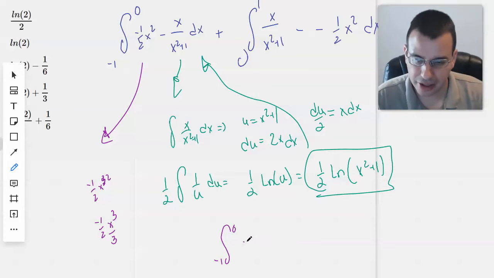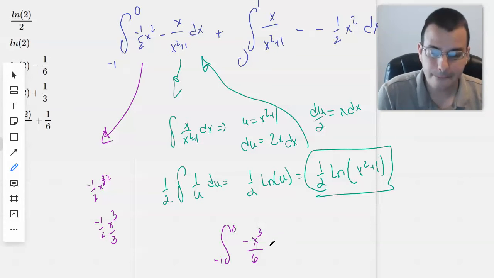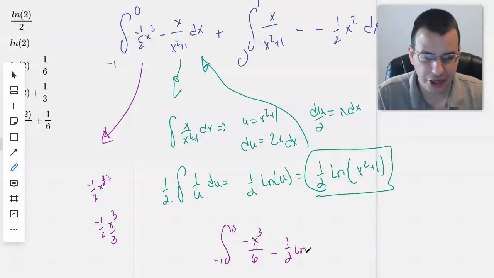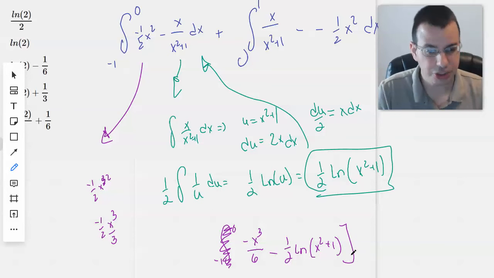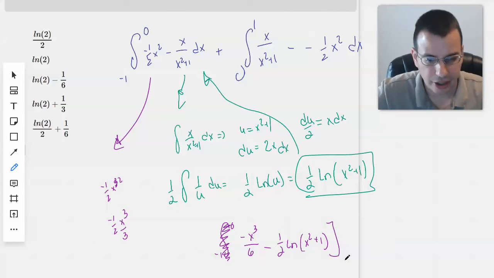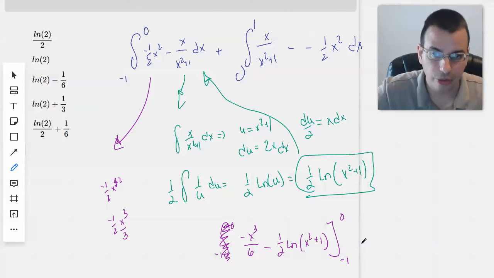So we'll have negative x cubed over 6, because 2 times 3, minus 1/2 natural log of x squared plus 1. And I'm going to get rid of the integral sign there because we just took the integral already. And this will be evaluated from negative 1 to 0.